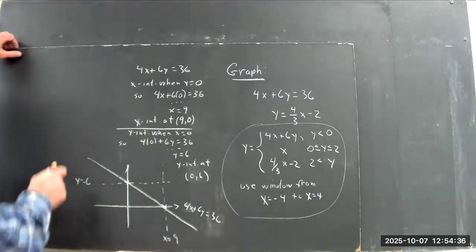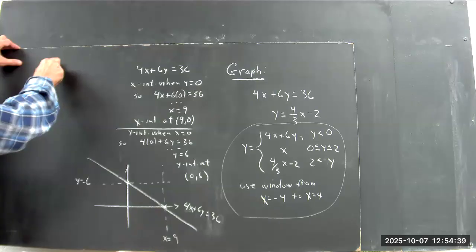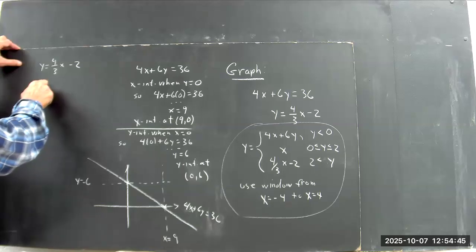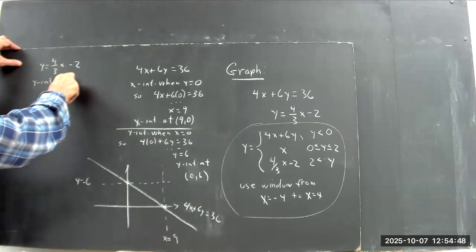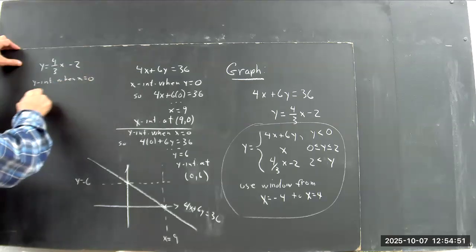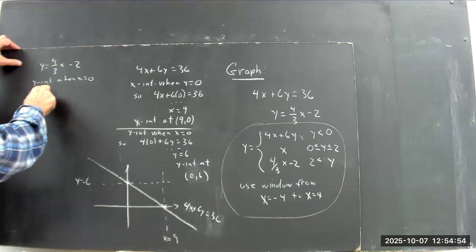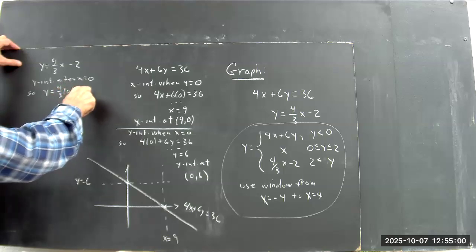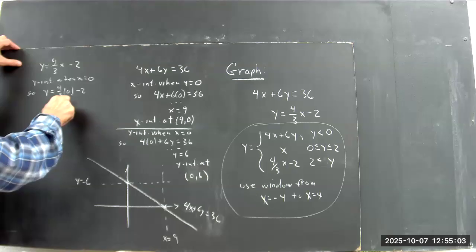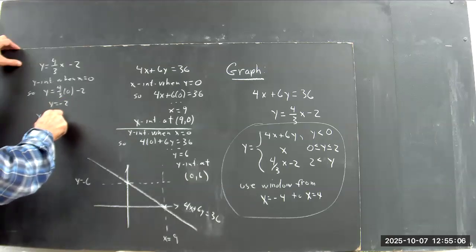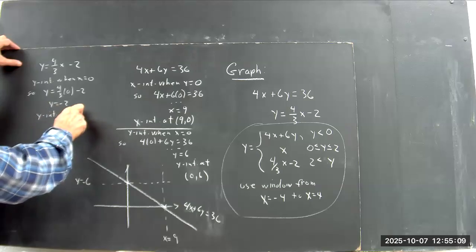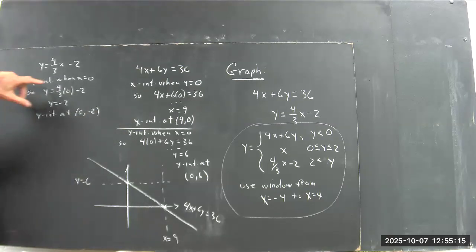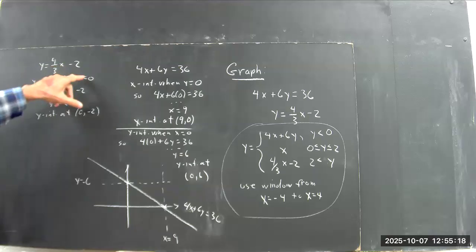Okay, now y equals 4/3 x minus 2. This one, y-intercept occurs when x equals 0, let x equals 0, you get y equals -2.